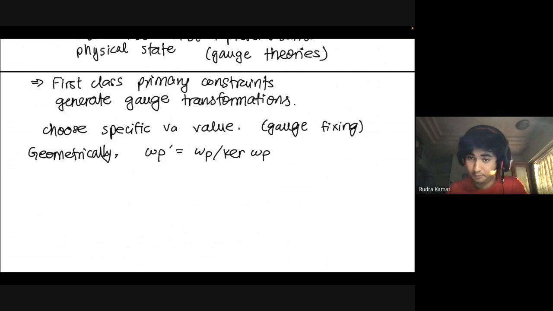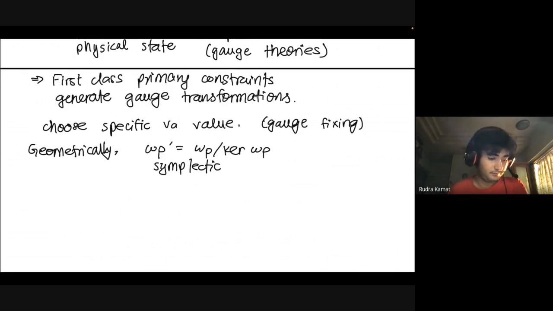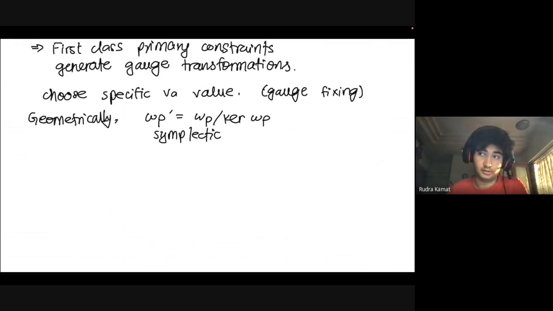So then omega sub p prime will be symplectic, because you've just gotten rid of the non-triviality of its kernel.